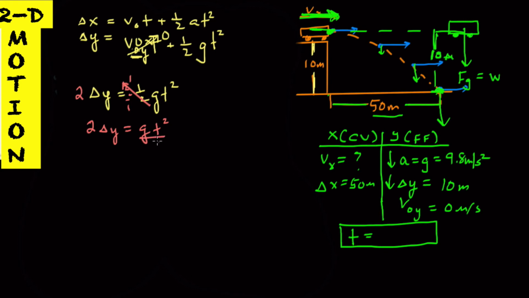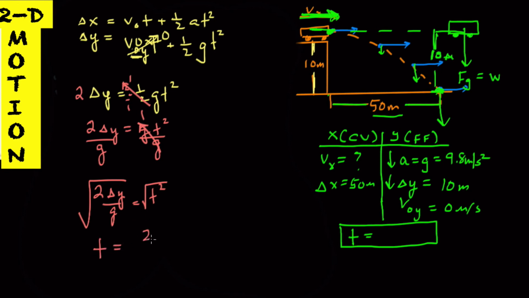G over g is 1. I end up with 1 times t squared, but I don't have to write the 1 in. So I end up with 2 delta y over g equals t squared. I don't want to know what t squared is. I want to know what t is. So I took the square root of both sides. I end up with t equals the square root of 2 delta y over g.